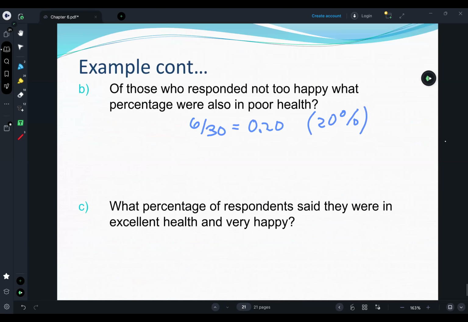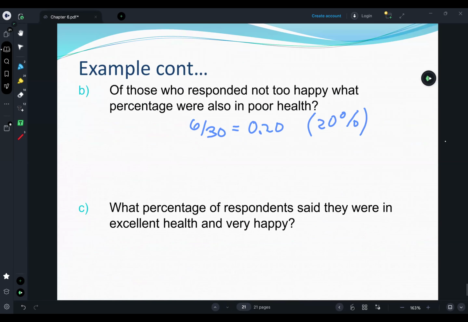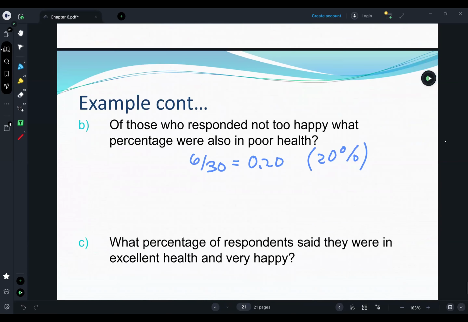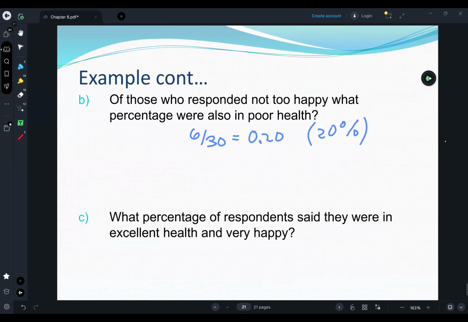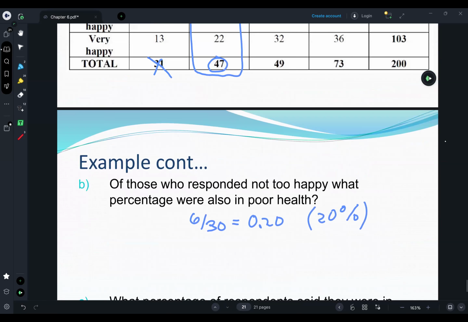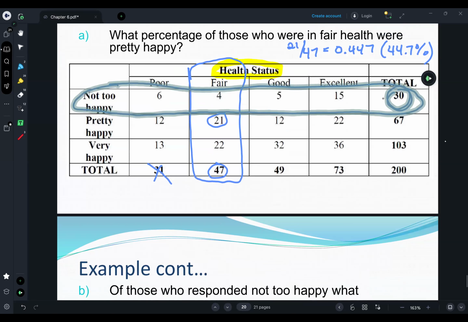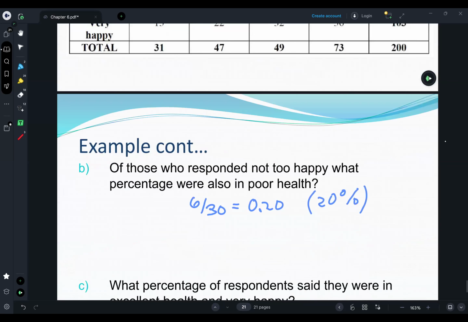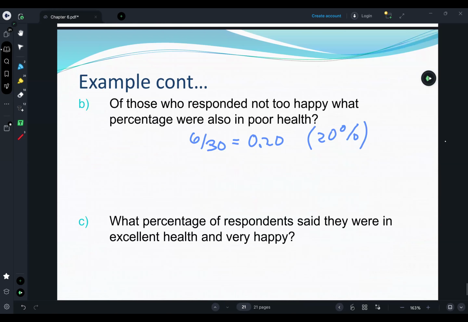And the last question: what percentage of respondents said they were in excellent health and very happy? So how do we do this one? Let me get rid of all this, it's a new question, so clear the slate. What percentage of respondents said they were in excellent health and very happy?